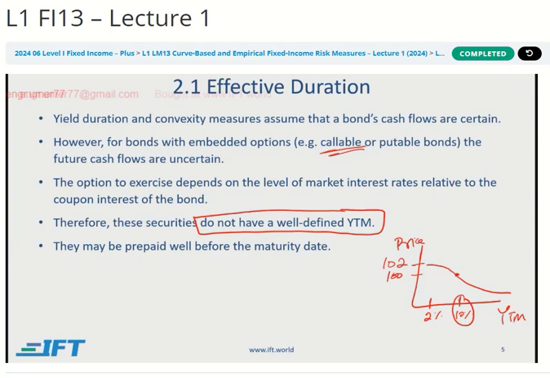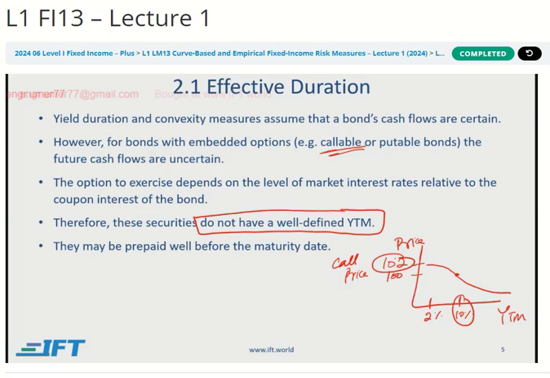So why should I pay 10%? Let me call this bond back and issue a new bond with a lower coupon rate. So the company will call it back, and therefore whatever the call price is for that bond, the bond price in the market will never go above that call price.